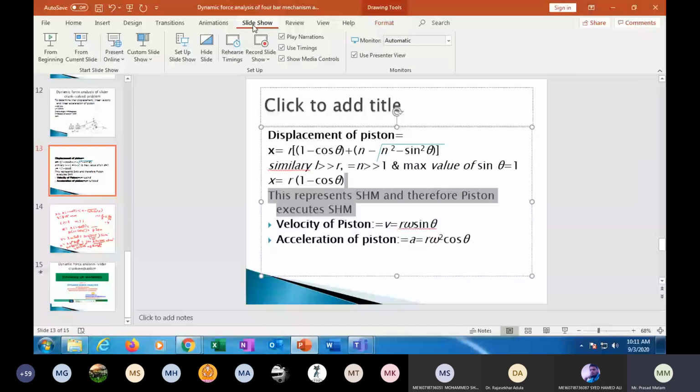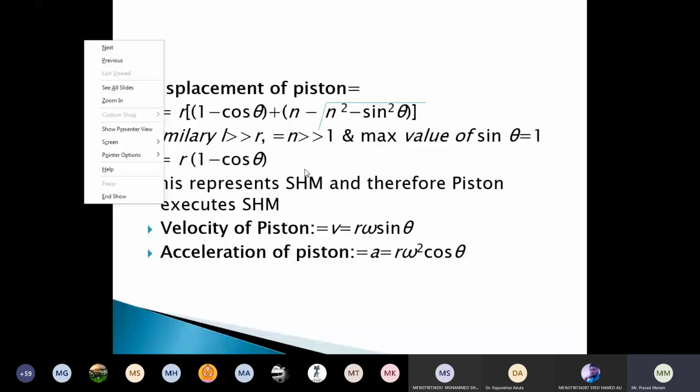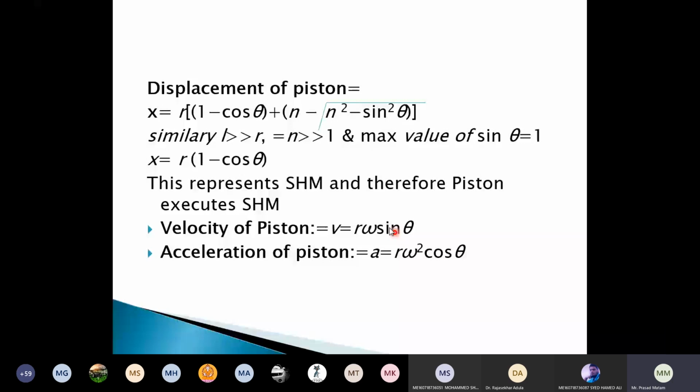The displacement equation will become x is equal to r into (1 minus cos theta). This represents the simple harmonic motion of the piston.